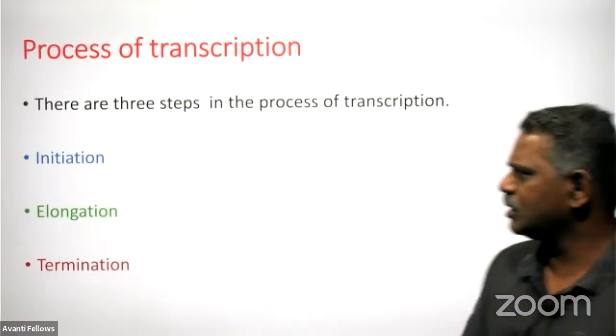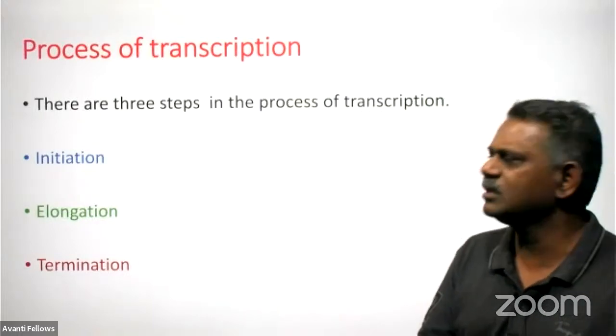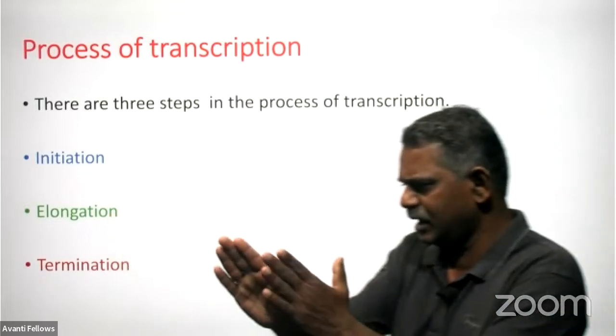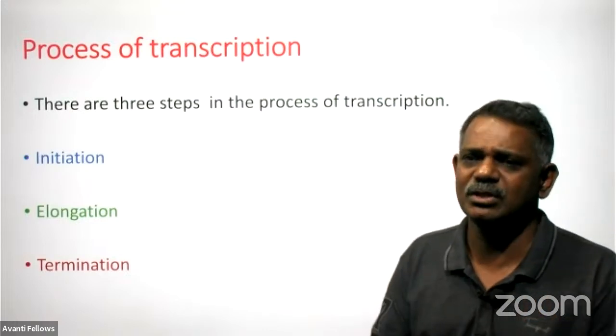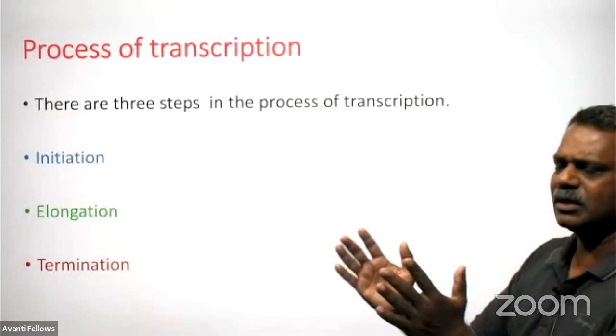One is the promoter, which initiates the process of this RNA synthesis. Then the structural gene, where the length of this RNA increases, that is called elongation. And another area is the terminator region.